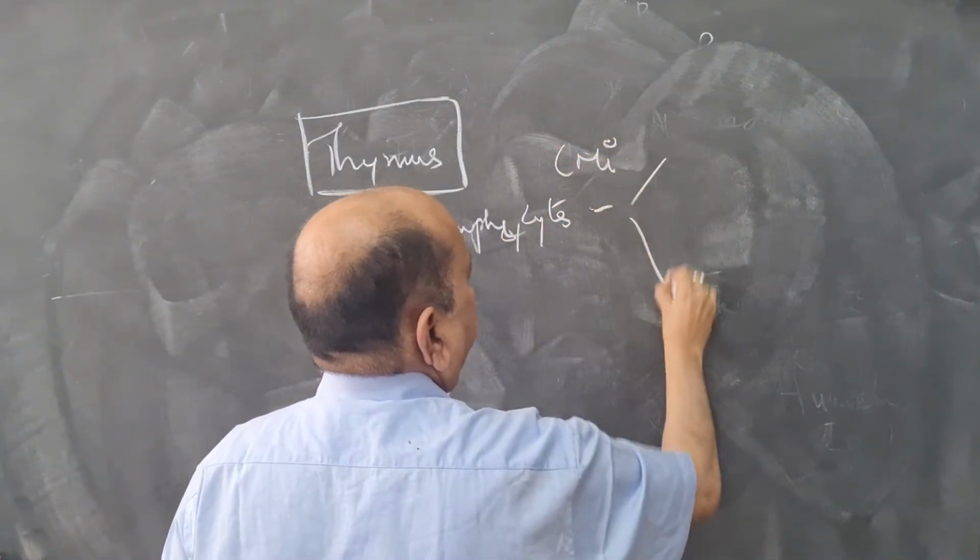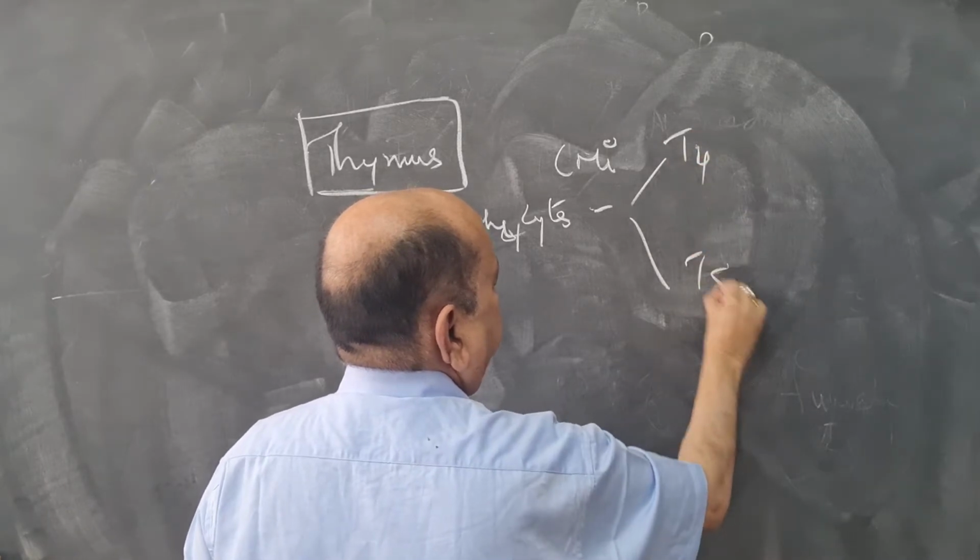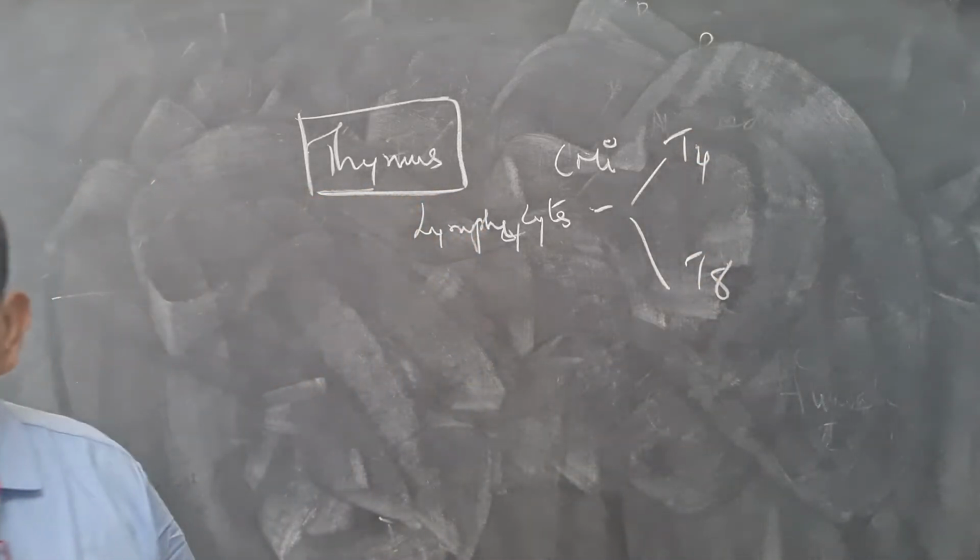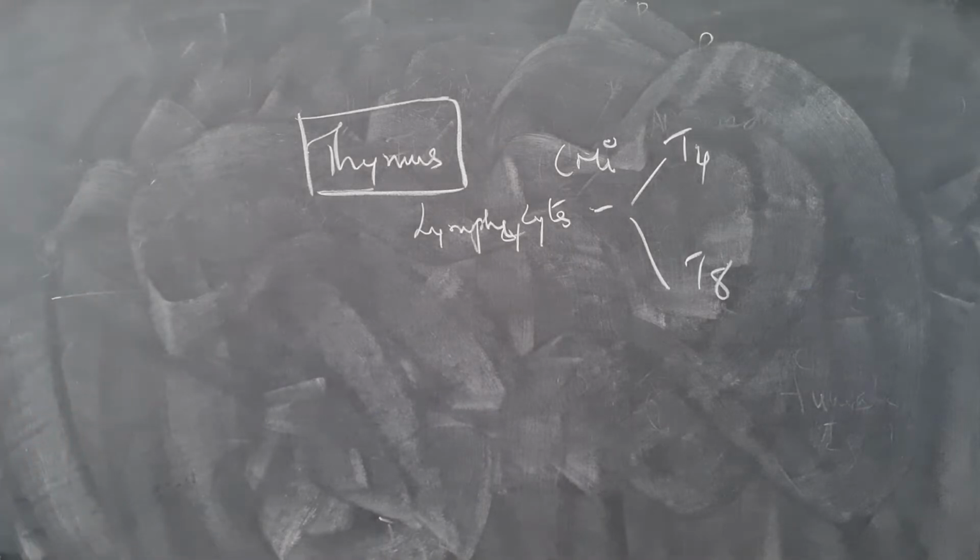There are two subsets, T4 cells and T8 cells.